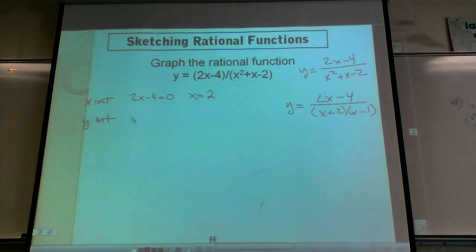This one here would just be plugging in x equals 0. So if I plug in x equals 0, I'd be left with negative 4 on top and negative 2 on the bottom, correct? So here I get y equals 2. So I have intercepts, and I would definitely want to see them.